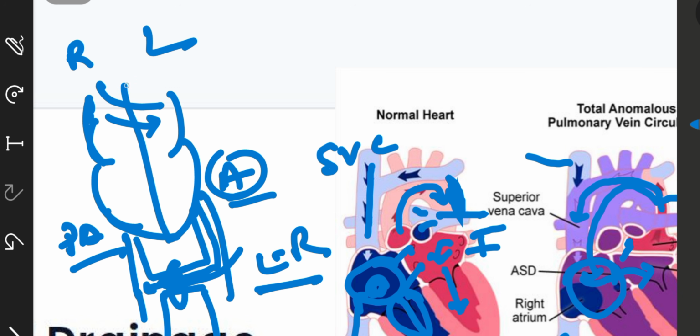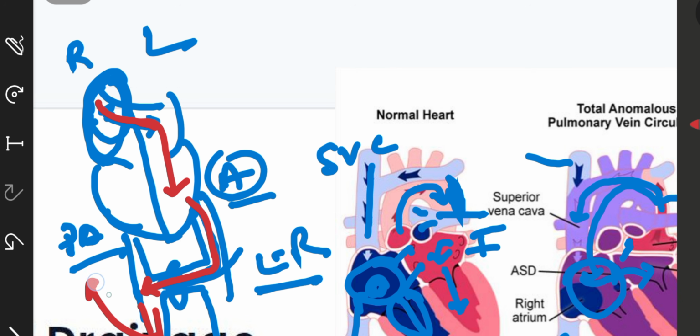So in case of TAPVC, as I said, all the blood mixes up in the right atrium. The oxygenated and deoxygenated blood mix up here, and this blood enters into the left ventricle, and from the left ventricle it goes to the pulmonary artery again, and then to the lung. So a small amount of blood enters the aorta and the body.